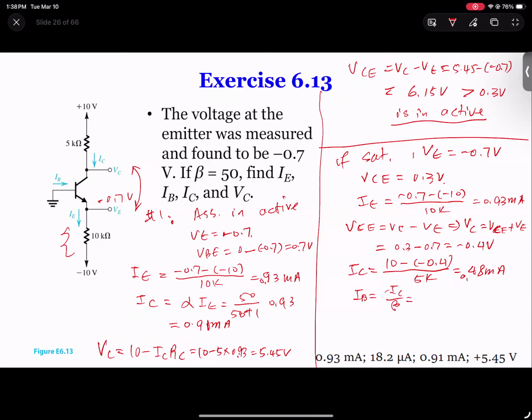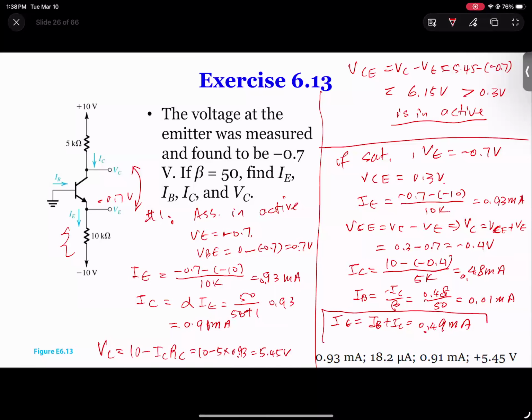So you find IC over beta, 0.48 divided by beta, which is almost 0.01 milliamps. Now you can find IE equal to IB plus IC, which is equal to 0.49 milliamps.